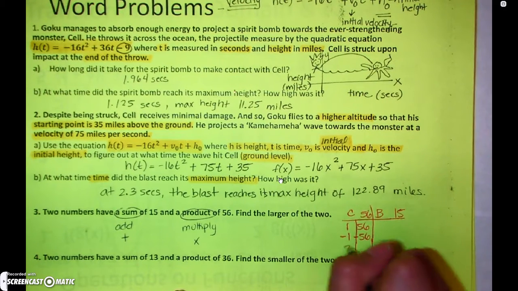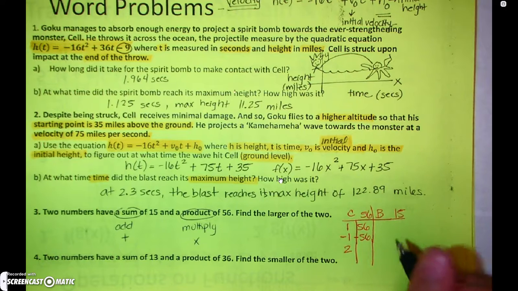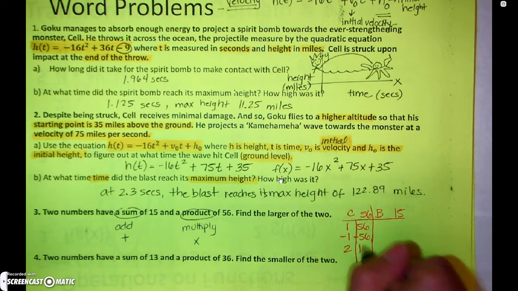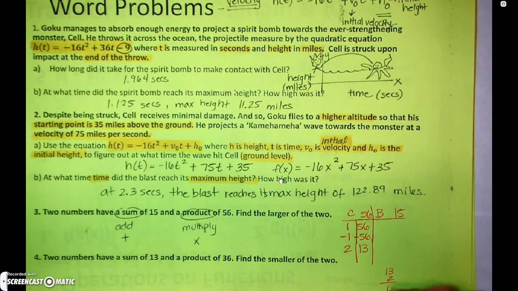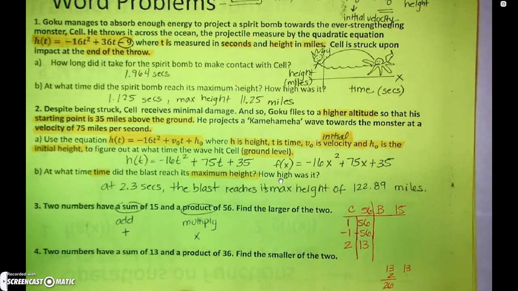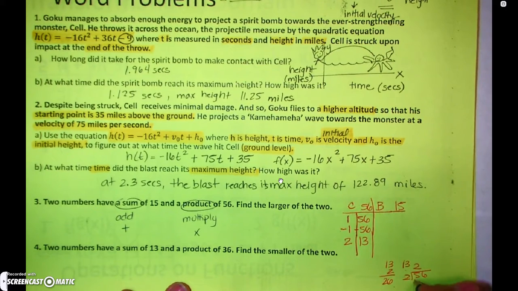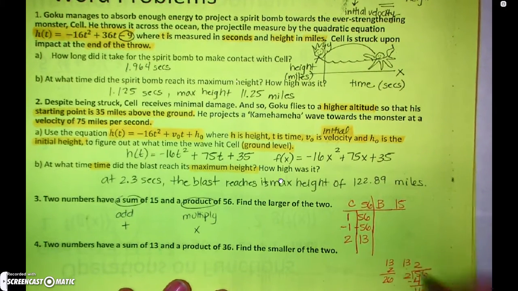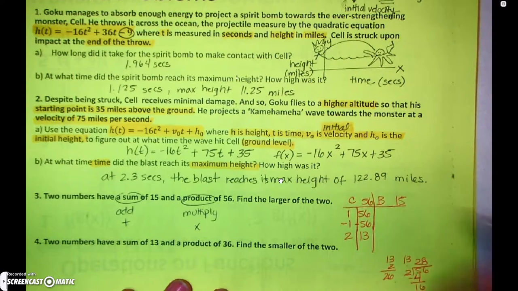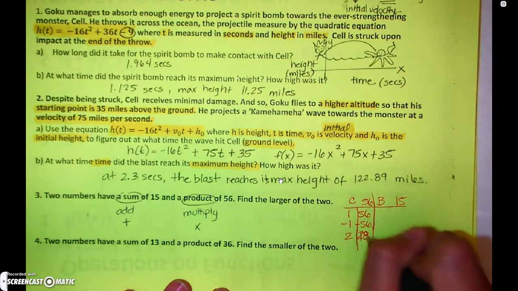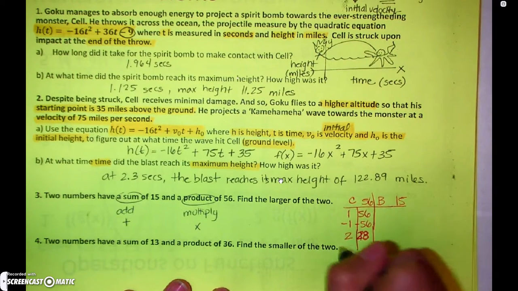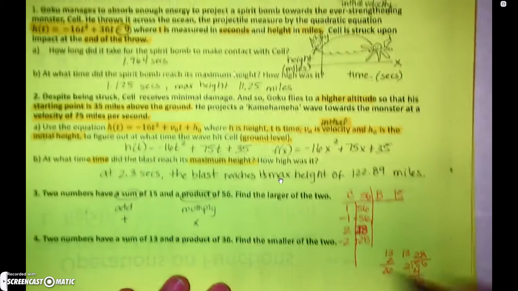How about 2? 2 times what gives you 56? 2 times 13? Nope. Speaking of not knowing your multiplication table, so 56 divided by 2, 2 goes into 5 twice. So it goes in 28 times. So 2 times 28, -2 times -28.